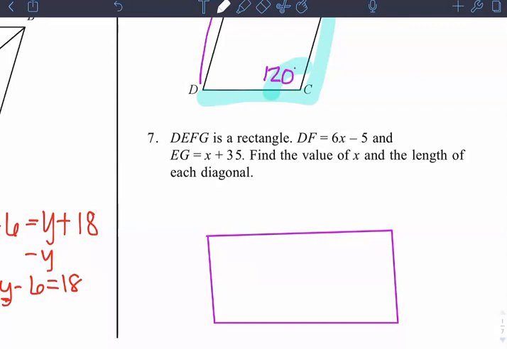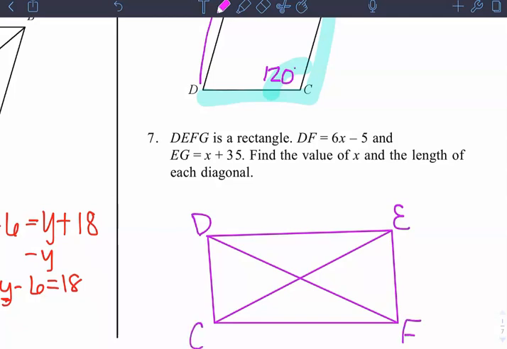Draw another straight line for my diagonals. I got D, E, F, G.